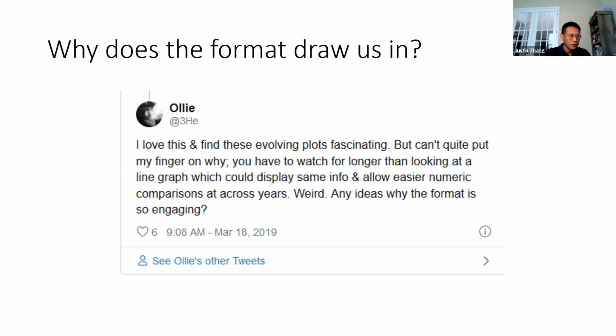What's also interesting is people's reaction to the bar chart race. Here are some tweets. The one in particular makes an interesting point about the evolving plots, which are interesting and we are inclined to watch the entire thing.